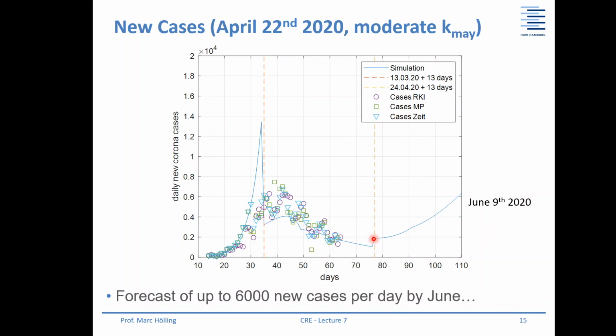And then if you look here at the predicted daily new cases, you could say, okay, maybe at June 9th, so day 110, you could end up with about 6,000 new cases a day again, like we had here in the meantime. Okay, 6,000 cases a day is quite a lot, but I think this is somehow manageable.